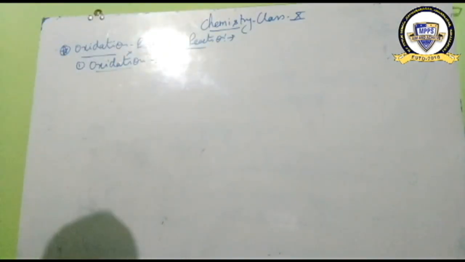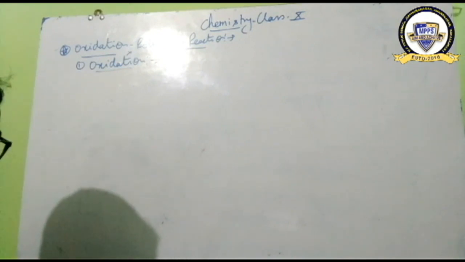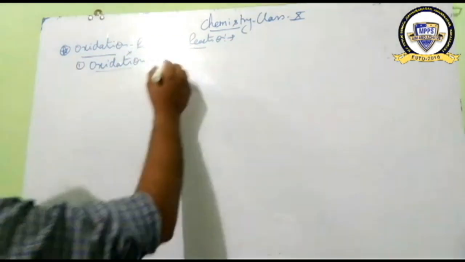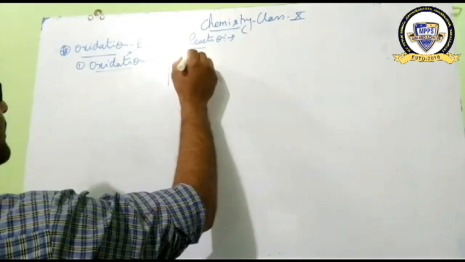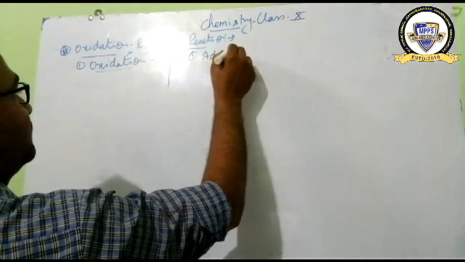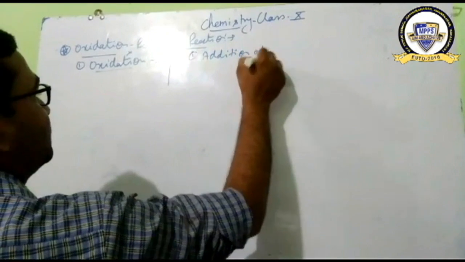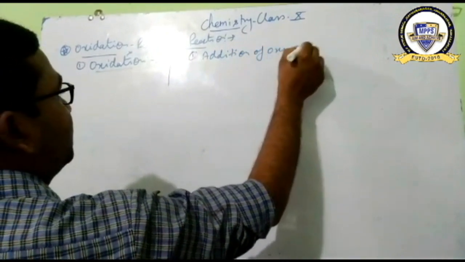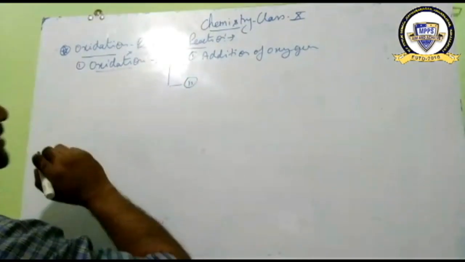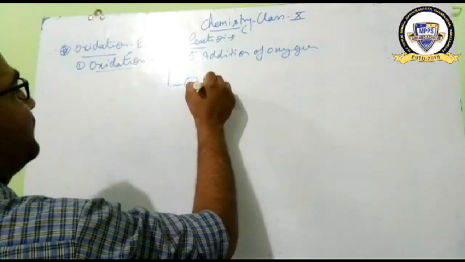We can understand the examples of oxidation reaction in two ways. First, by the addition of oxygen, and second, by the removal of hydrogen.